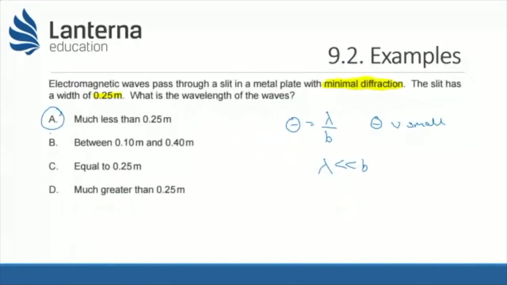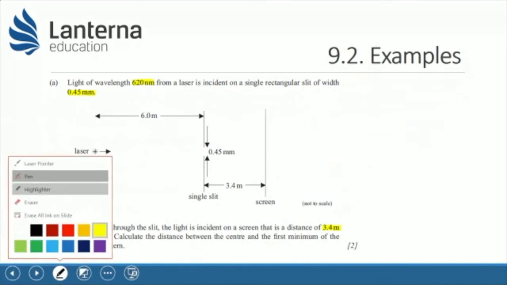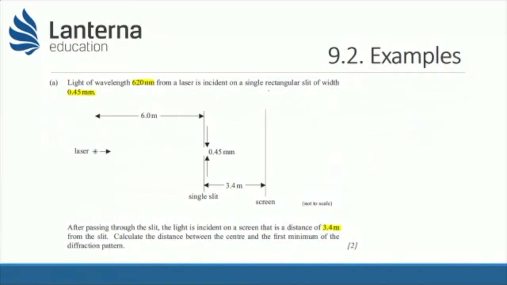Okay. Now, final question, and then I'll see if you have anything you want to ask. We're given light with a wavelength of 620 nanometers, and we've got a slit of width 0.45 millimeters. After passing through the slit, the light is incident on a screen that is 3.4 meters from the slit. Calculate the distance between the center and the first minimum of the diffraction pattern. We've been asked for the first minimum, so we're going to be using theta equals lambda over b.